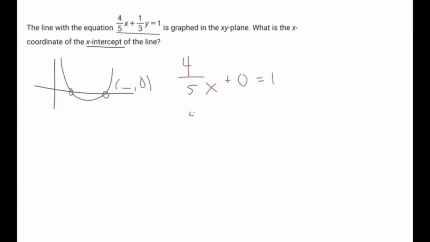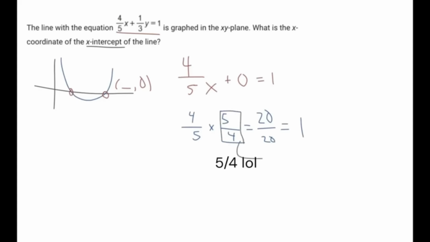We can multiply 4/5 by 5/4, right? Because this gives us 20 on top and 20 on the bottom, and that is equivalent to 1. And therefore, the x coordinate of the x-intercept would just be 5/4. So that is our answer.